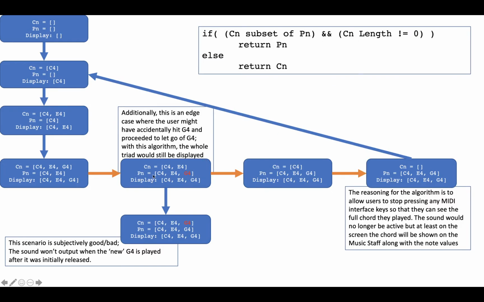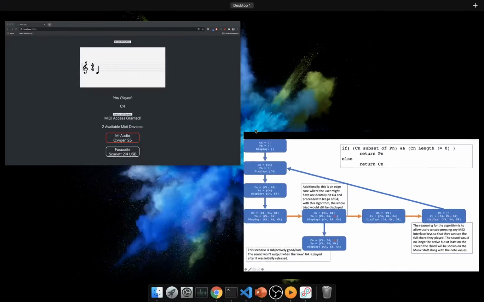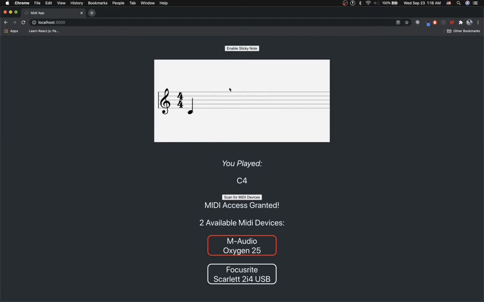If the current is a subset of the previous, I'd just keep the previous state and use that for the sound. I'm rambling right now, and maybe this doesn't make sense, but the point is that I'd continually press G and it just never sounded.